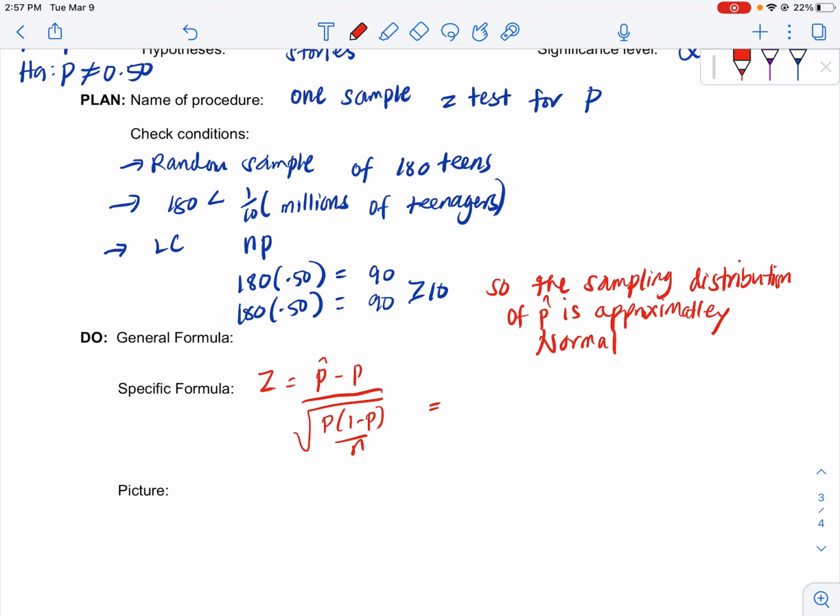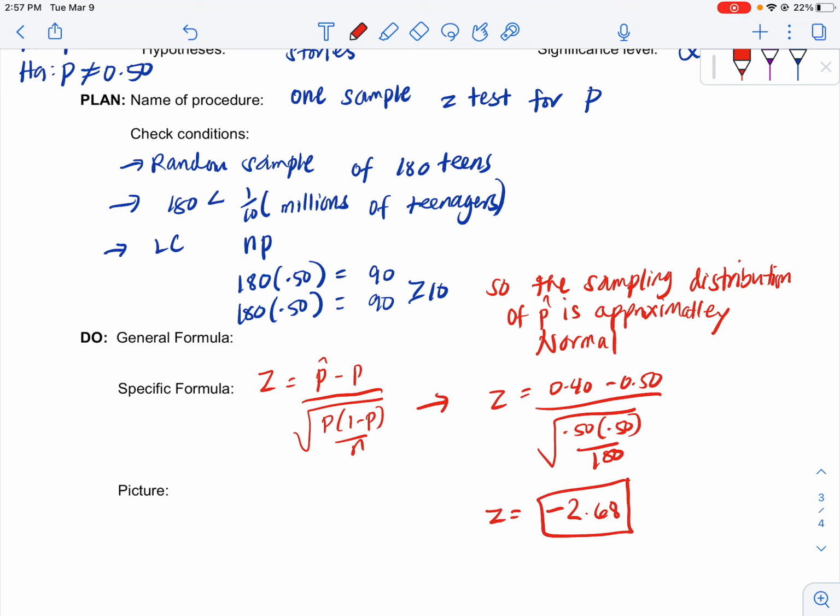And that is z equals 0.40 minus 0.50 over the square root of 0.50 times 0.50 over 180. And our z here, again, is a big z-score, which is 2.68.